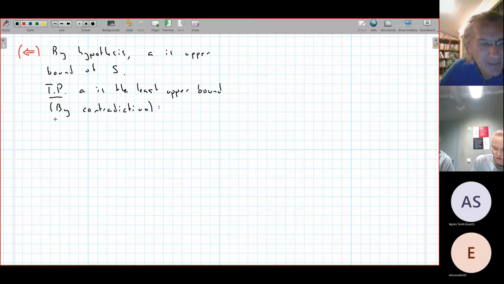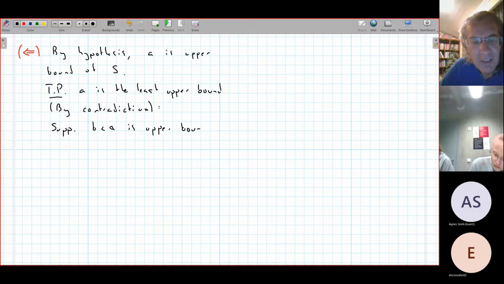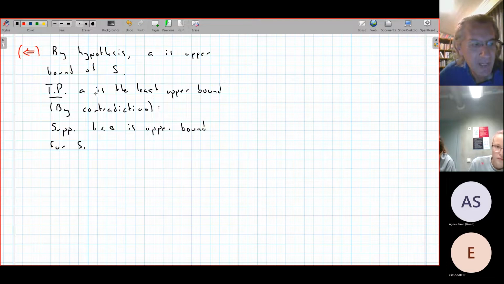So suppose that there is an upper bound which is less than A. So suppose that B less than A is an upper bound for S. Okay, so what I'm going to do is use the second property, property 2.